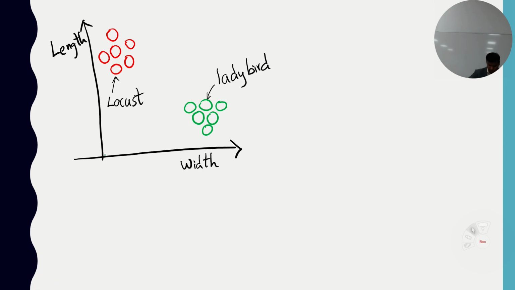If you have a straight line just like this, can we call this a line that separates two classes?